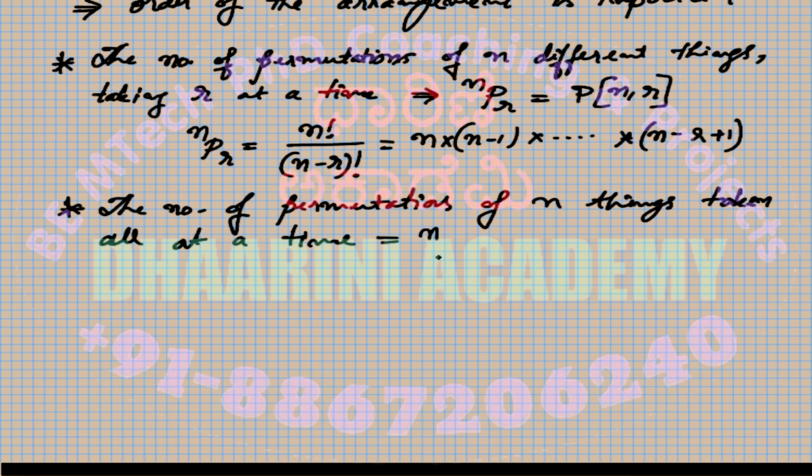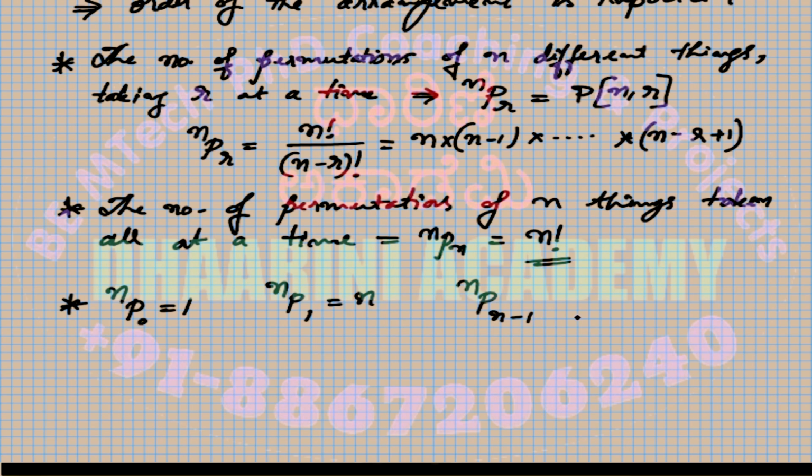So that has to be nPn, right? nPn is nothing but simply n factorial. One very important property: if you have to substitute somewhere nP0, simply replace that as 1. And if you have to substitute somewhere nP1, that is nothing but n. Also, nP(n minus 1) is always equal to nPn, which is nothing but n factorial. Just remember.